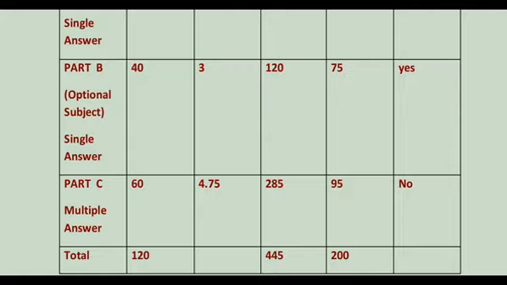There is no negative marking in this part. So totally there are 120 questions, and the total mark is 445, out of which a candidate can attain a maximum of 200 marks.